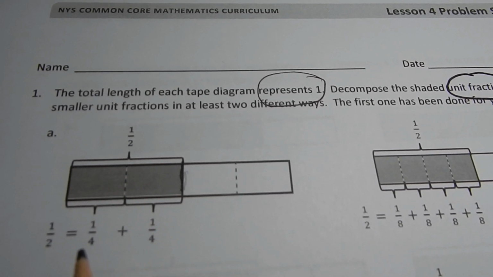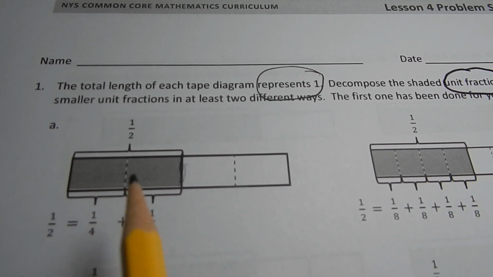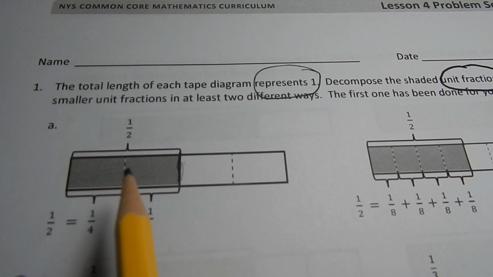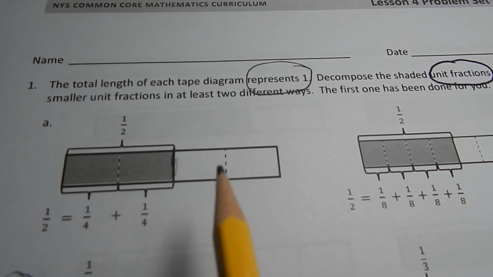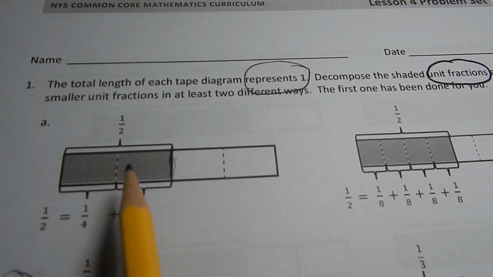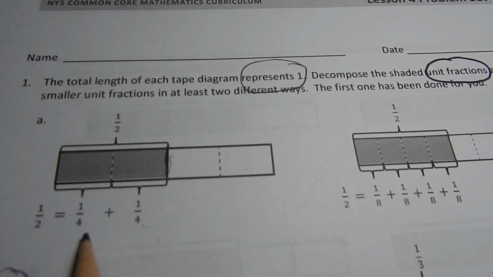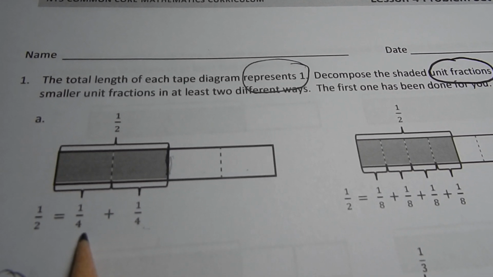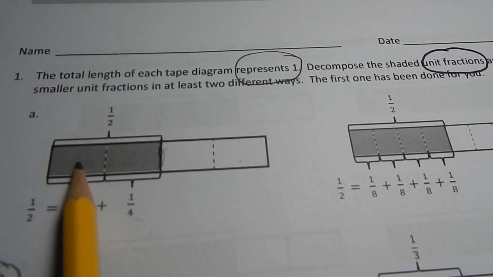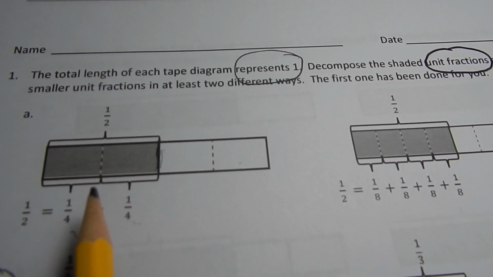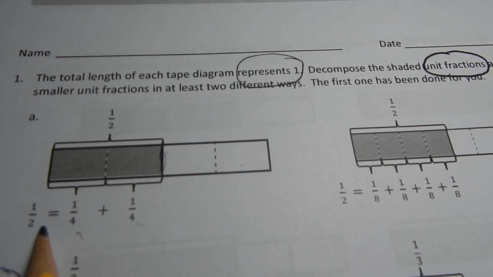Then what they did down here was they went ahead and they cut each one of these halves in half again. So now we have 1, 2, 3, 4 pieces, which is why now our denominator is 4 instead of 2. And what we can see is that I have 2 of these fourths make up 1/2.